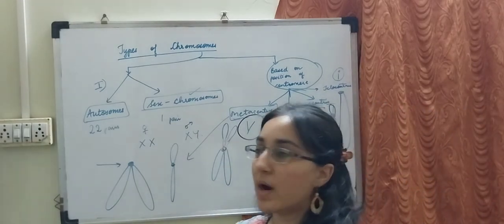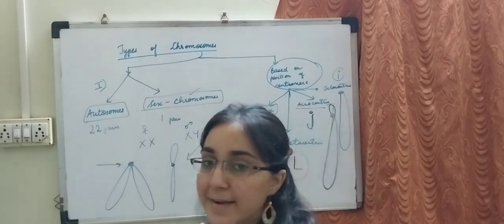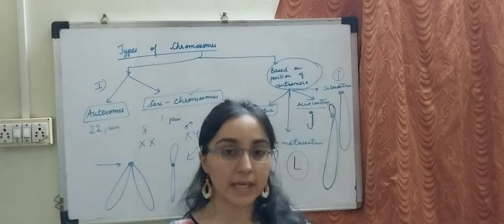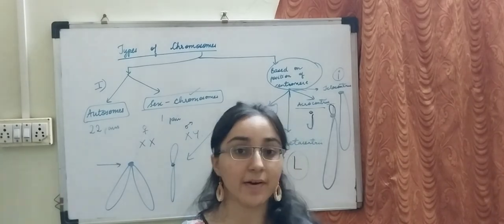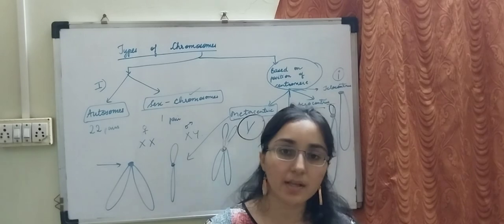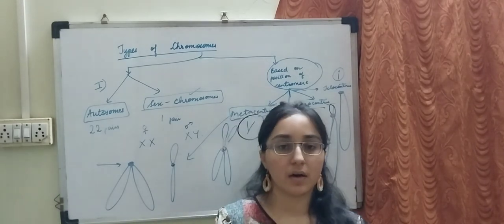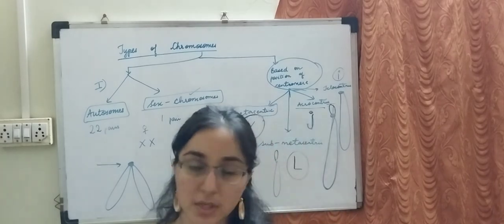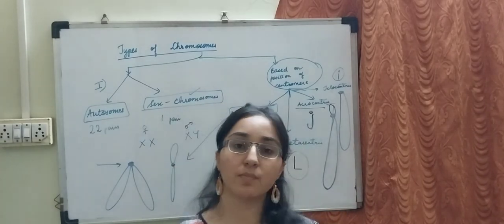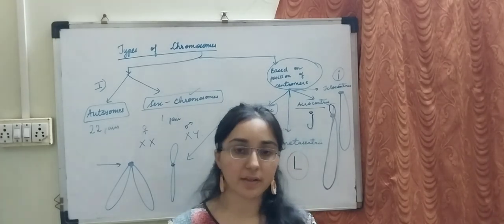I hope you understood these things. At last, I would like to give you a short summary of what we have studied today. We spoke about DNA, what it actually is, what it consists of, and what the function of DNA is. Then we spoke about how the packaging of DNA occurs up to the chromosome. Third, we spoke about what a chromosome is, who discovered it, and the theory.